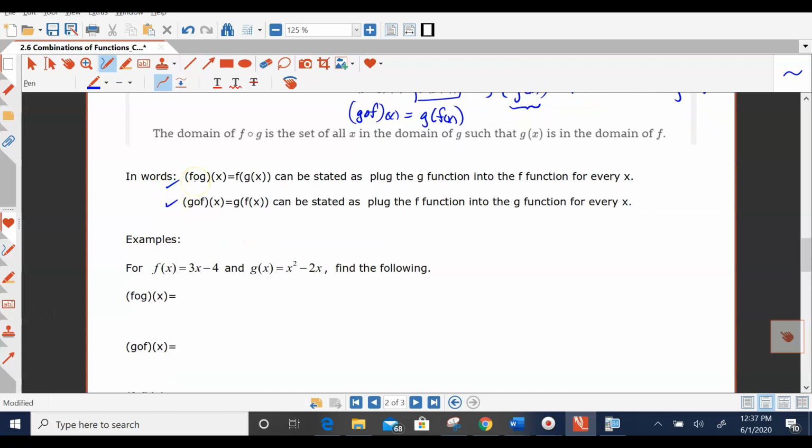F circle g means we're going to plug the g function into the f function for every x. G circle f means we're going to plug the f function into the g function for every x. So here we're putting the g inside f of x. Here we're putting the f of x inside the g.